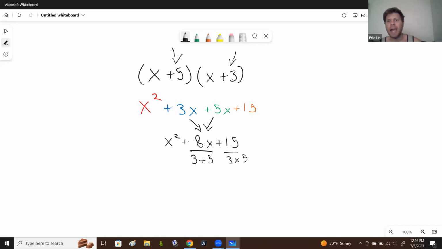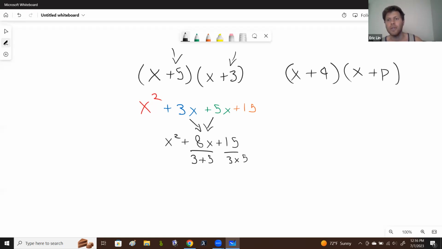So if we have something like this, I'm going to be a little abstract. Let's assume we have x plus q times x plus p, where q and p are just numbers. I just decided to call them q and p for no good reason.